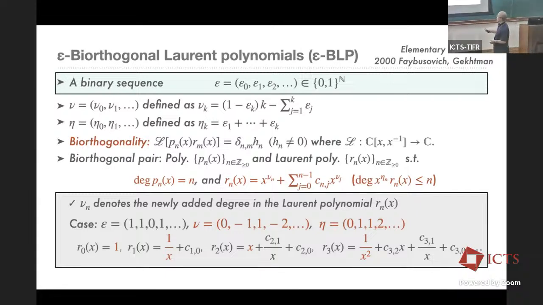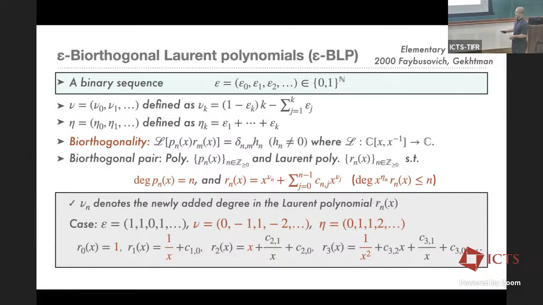Let's take an example: epsilon equal to 1, 1, 0, 1, and so on. From here, nu and eta are defined in this way, and nu denotes the newly added degree. It means that R0 is always the constant 1.